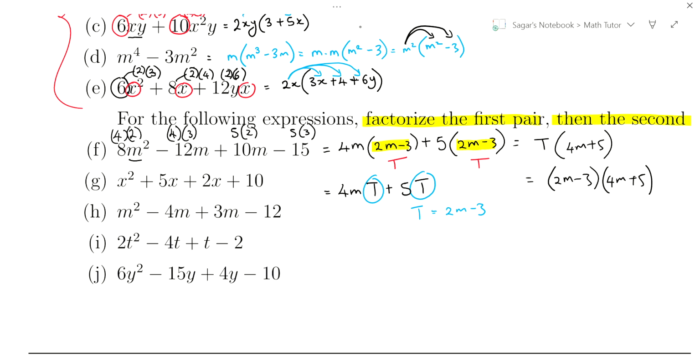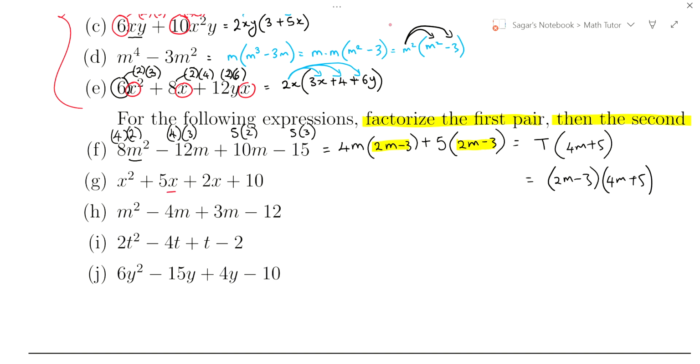Right. So I didn't need to do this t stuff. I could have just factored out 2m minus 3. I just did that to show the explanation or concept. Let's move on to the next one.